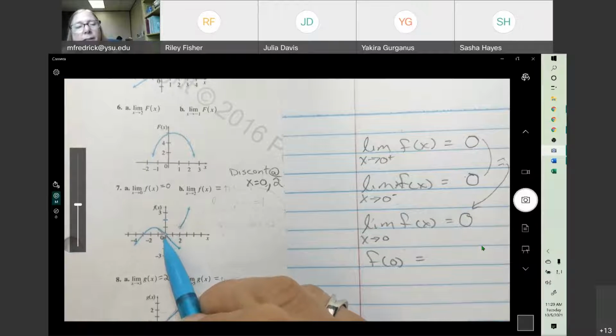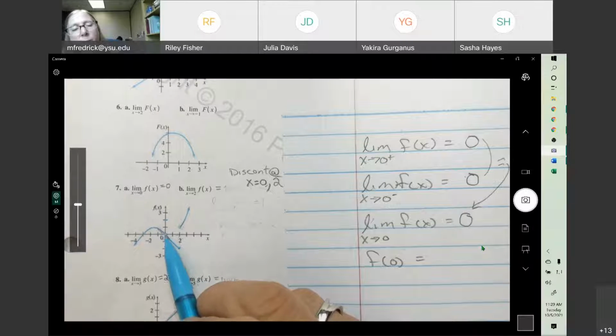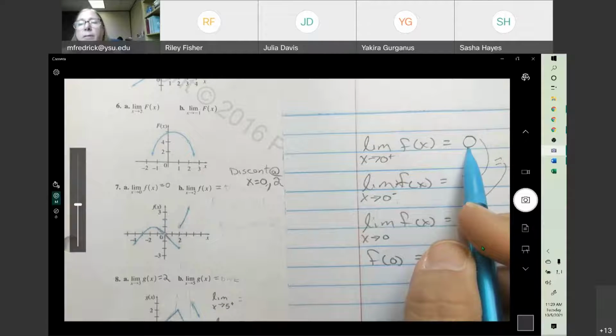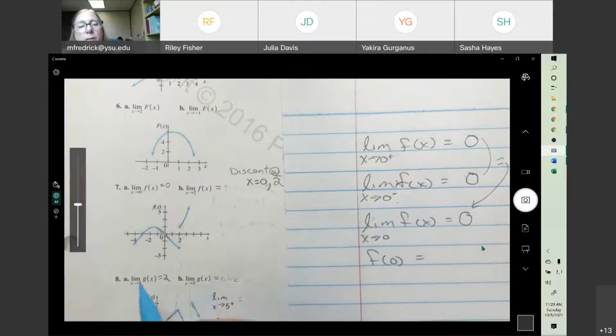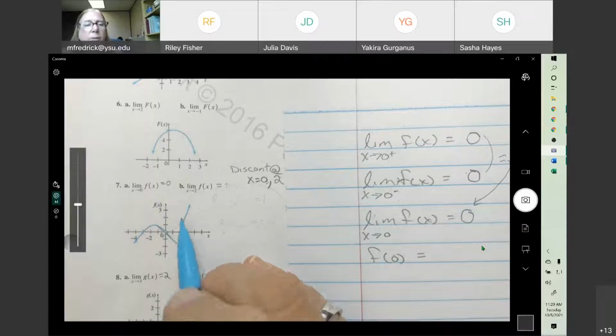So you're looking at this point and taking the y value. And both sides are coming into the same point, the point 0, 0. This is the y value. Okay. I think it'll help more when we do the next one also.